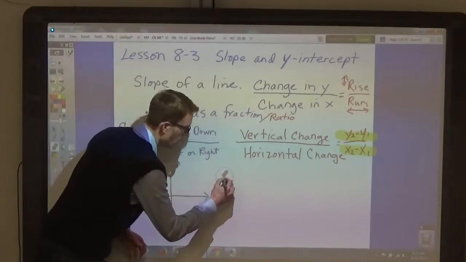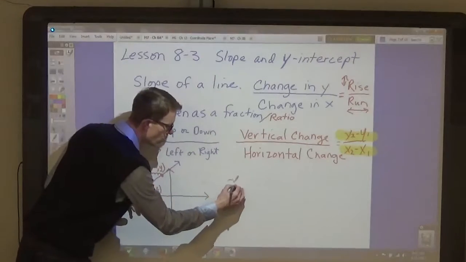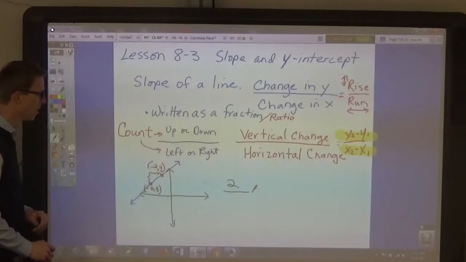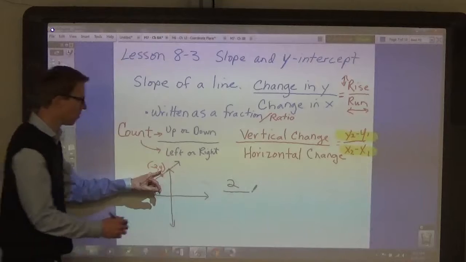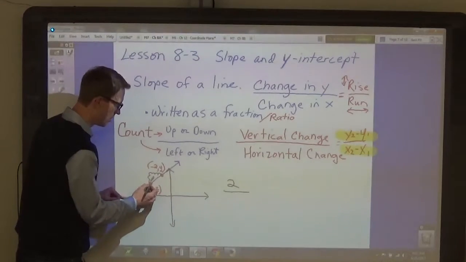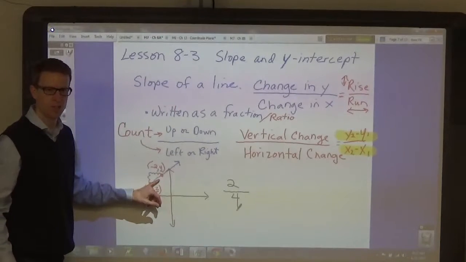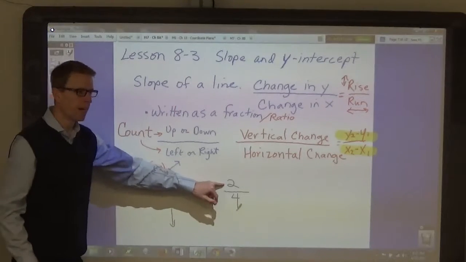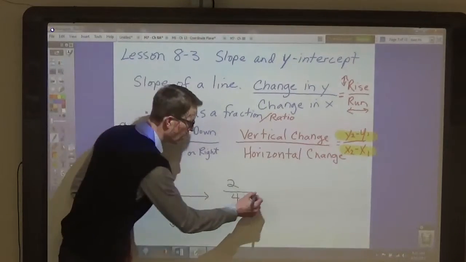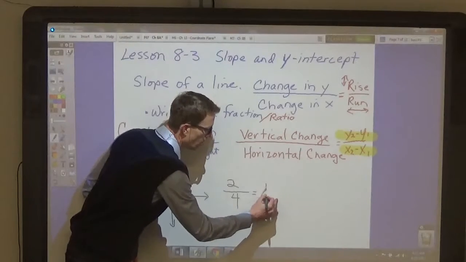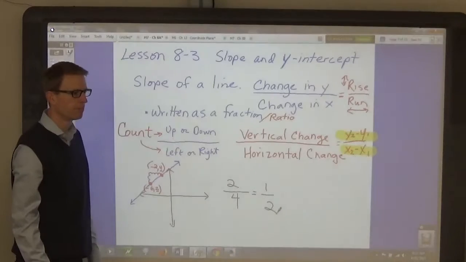So the amount of how much it's rising is 2. And from -6 to -2 is 4. And so the rise is 2, and it goes over 4. So the slope is then 1 over 2, or 1/2.